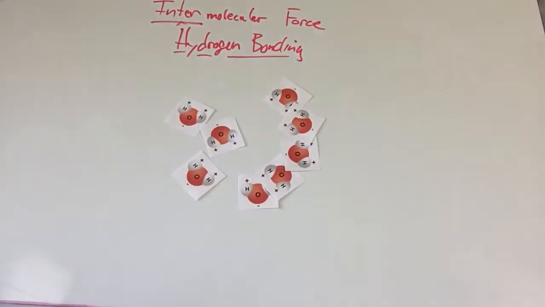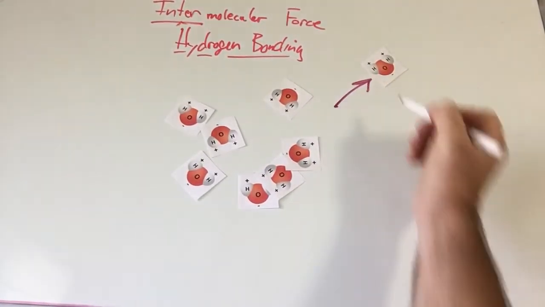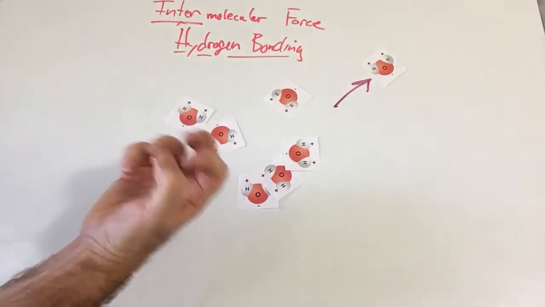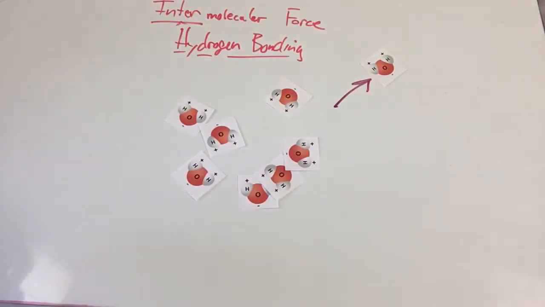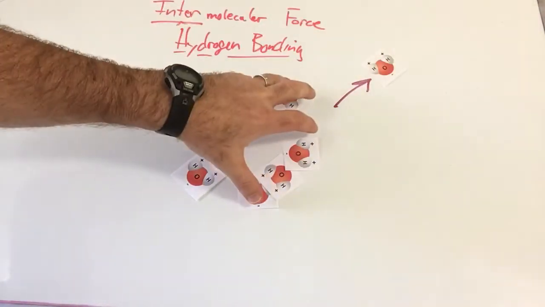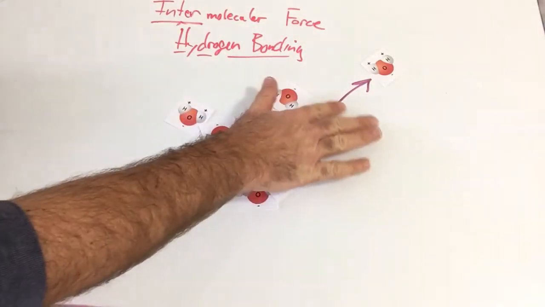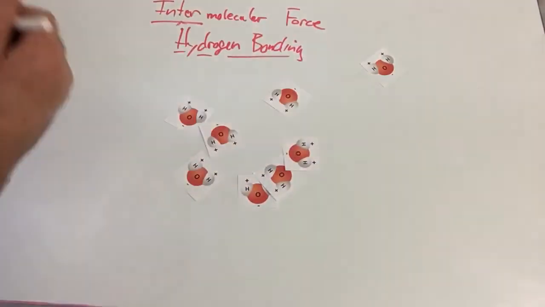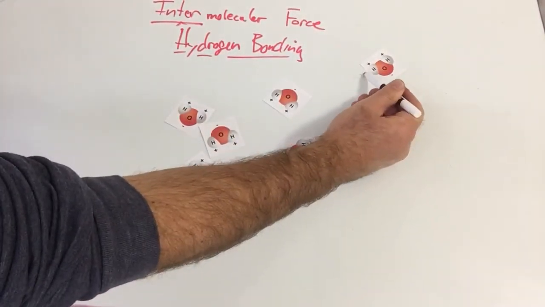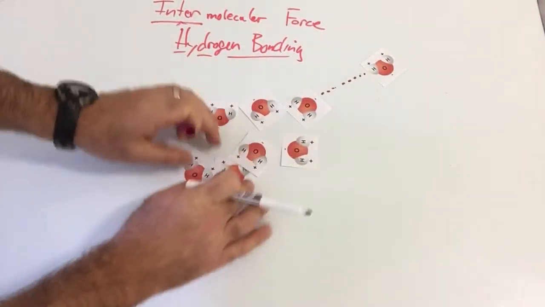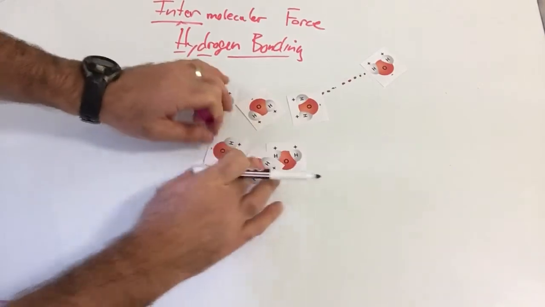Now, why doesn't this water molecule shoot off and say, see ya, I'm going to go try my wares in LA and become world famous? The reason is because it's getting sucked back in by intermolecular forces. This is one molecule getting sucked back into all the other molecules by intermolecular forces. And one of those forces is this hydrogen is getting attracted back to the oxygen that's still in our puddle.